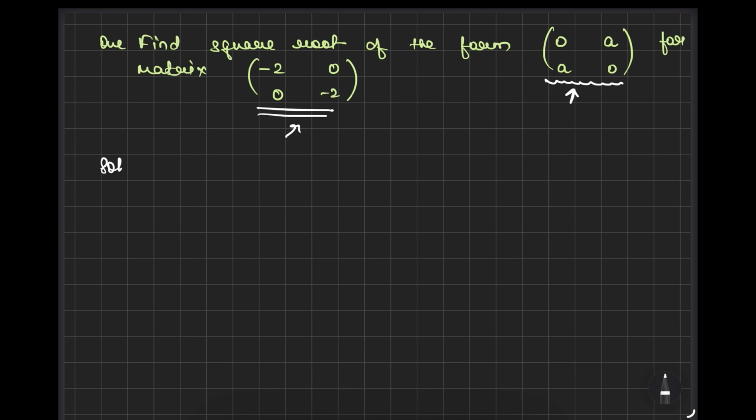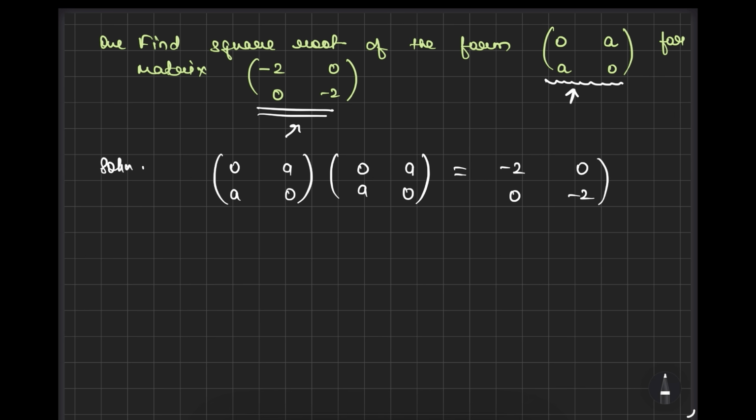Can I say that, sir, if we multiply [0 a; a 0] two times, we will get [-2 0; 0 -2]? Just tell me, if this is the square root, this means if we multiply this thing twice, we will get this, correct na? So let's multiply.